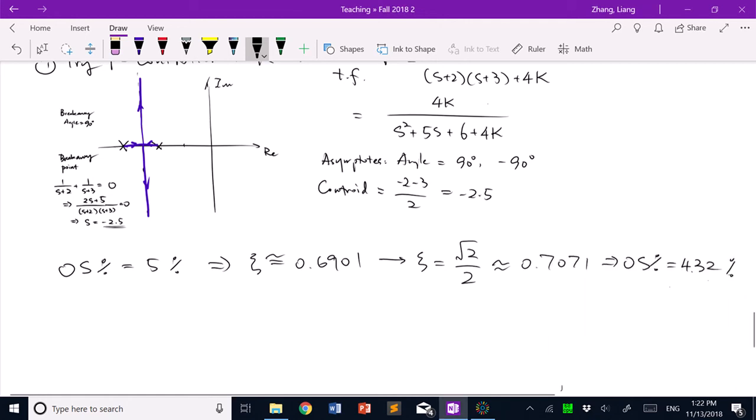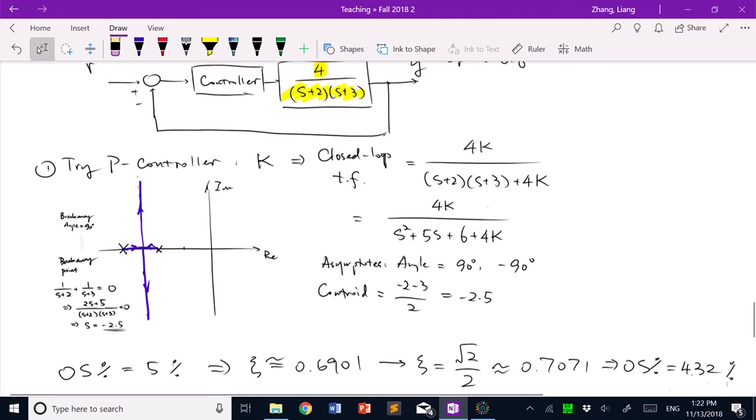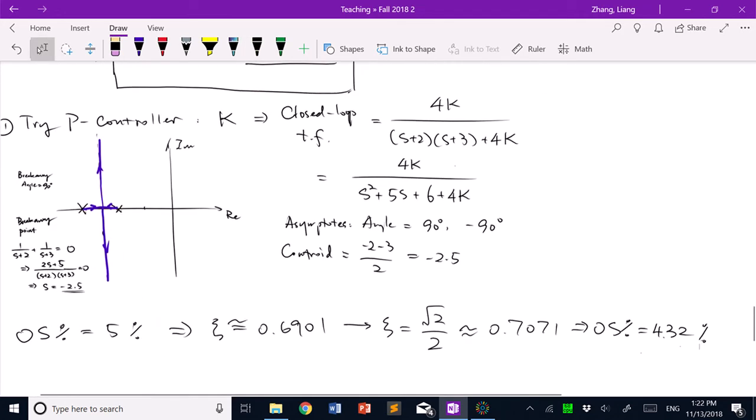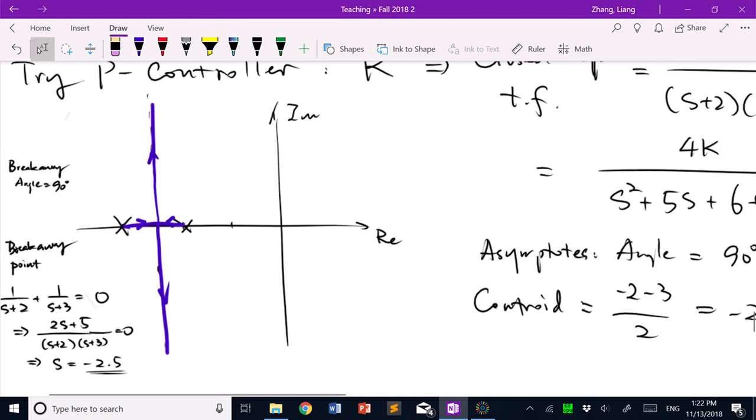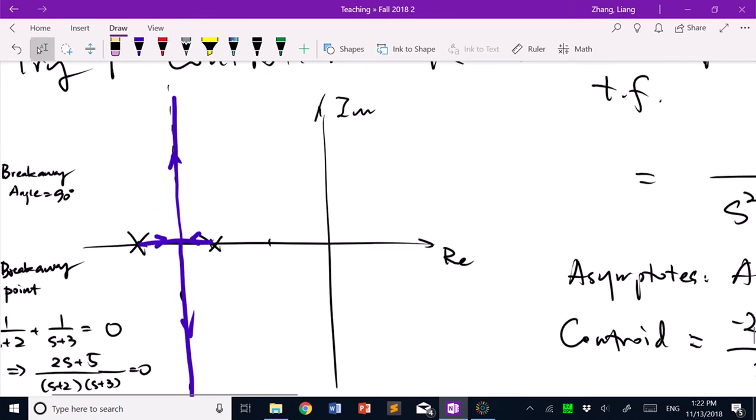And this is convenient because remember this zeta is a cosine of an angle, and the angle whose cosine is square root of 2 over 2 is actually 45 degrees. So when you ask for 5% overshoot in control design, what we usually do is find this 45 degrees.